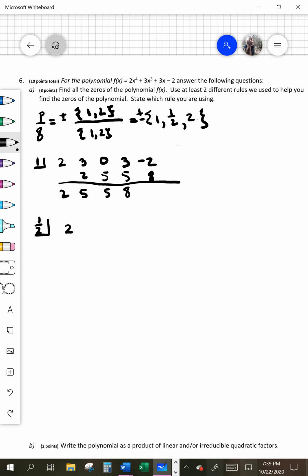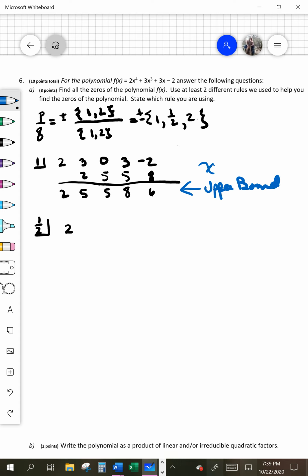Negative 2 plus 8 is 6. Okay, so let's list our coefficients again. 2, 3, 0, 3, negative 2.